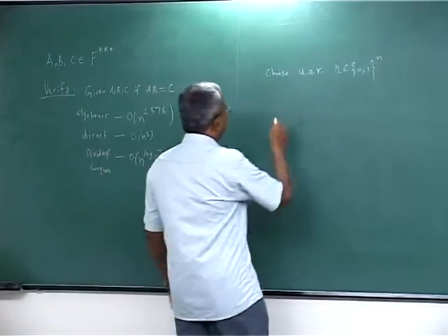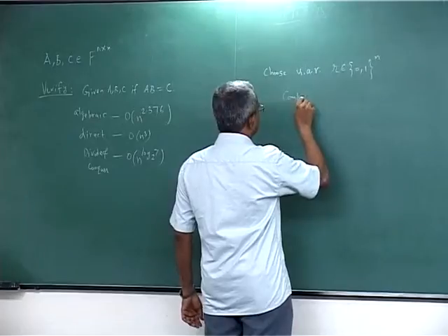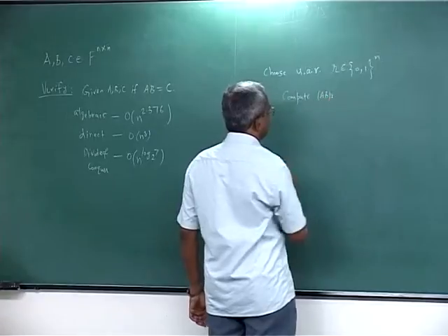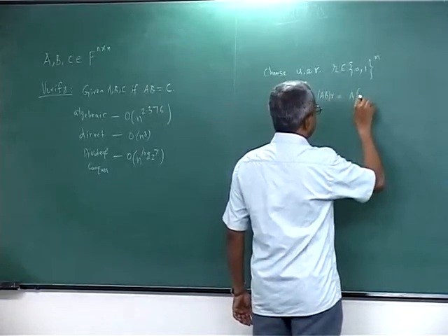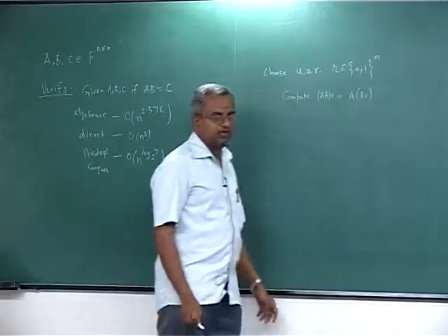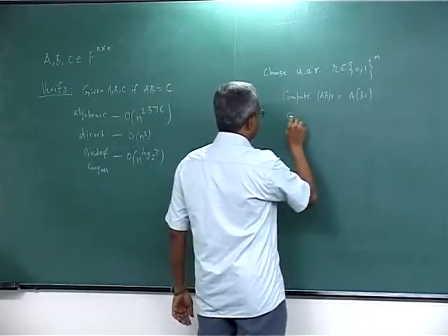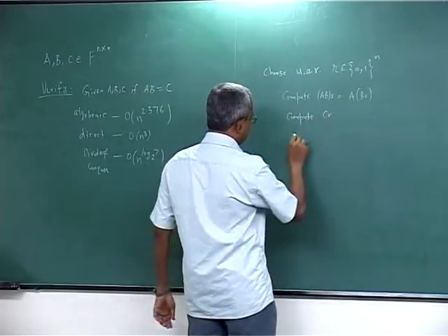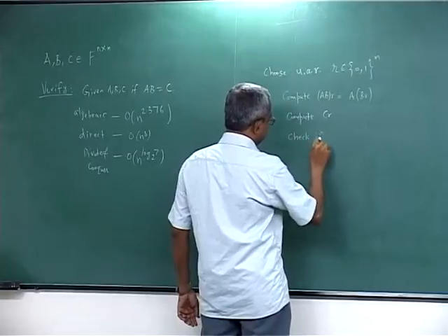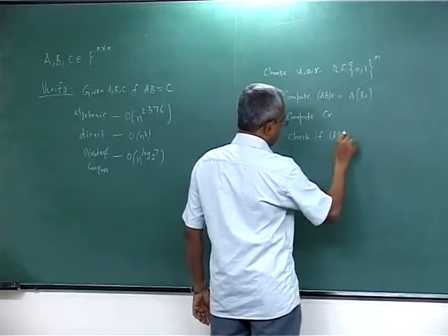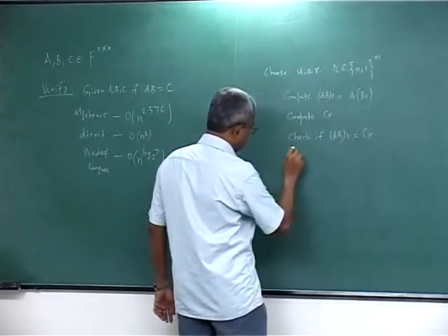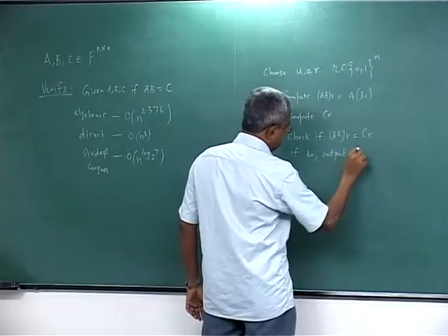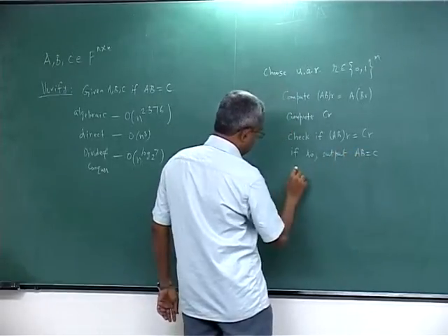And then what you do is compute ABR, which is basically A times BR, and compute CR, and check if ABR equals CR. If so, output AB equals C, otherwise no.